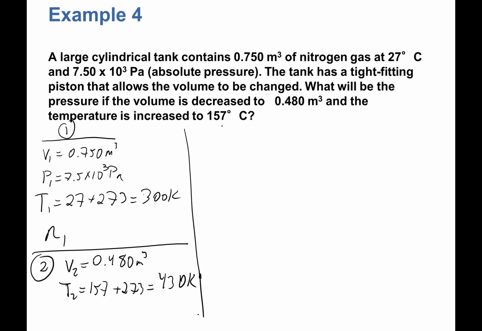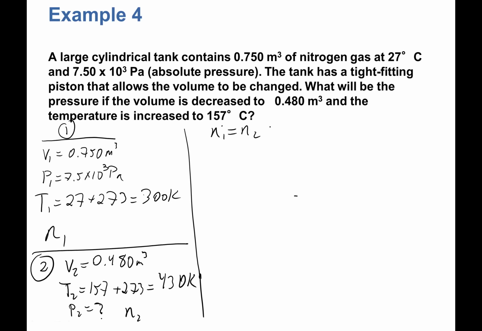Pressure 2 is unknown, and here's N2, the number of moles. At no point are we told that our container will be opened to the atmosphere or will be receiving more molecules or less. That means we can assume right away that N1 is equal to N2.